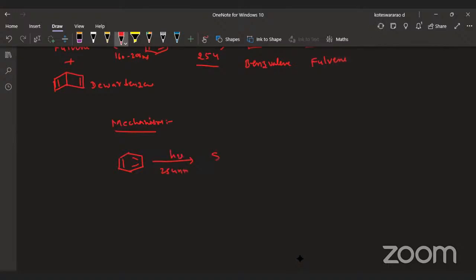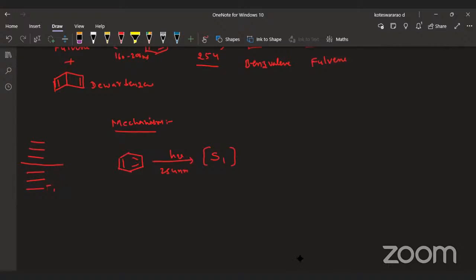It leads to formation of the singlet state of the first excited state. How to determine the first excited state? Here the 6 electrons are there. Therefore, 6 molecular orbitals can be generated. These are the bonding molecular orbitals, and these are the anti-bonding molecular orbitals.